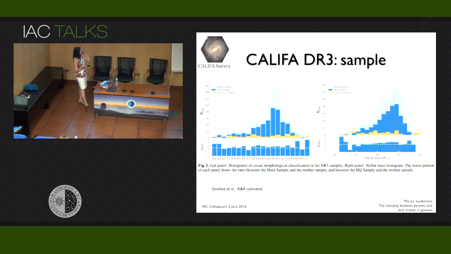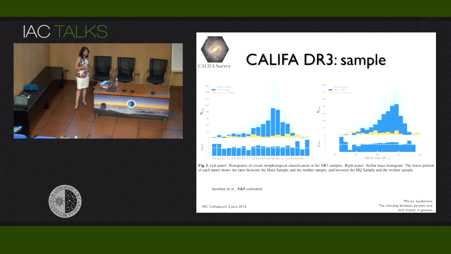So, a bit of statistics: what kind of galaxies can you find? This is the distribution of morphological types. The differences in color here are that the main sample is dark blue and the extension samples are orange. These extension samples are galaxies which were observed for particular science cases which could not be addressed with the main CALIFA sample.